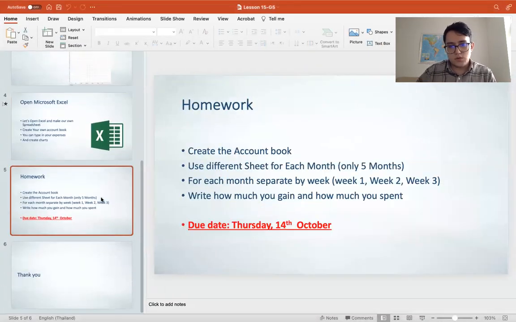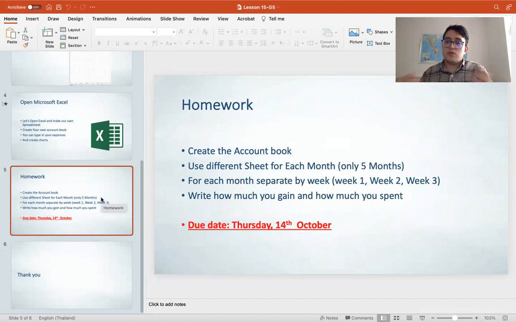So let's go to your homework. Your homework is to create the accounts book, use different sheets for each month, only 5 months, please. And for each month, separate by week: week 1, week 2, week 3, week 4. And write how much you gain and how much you spend.